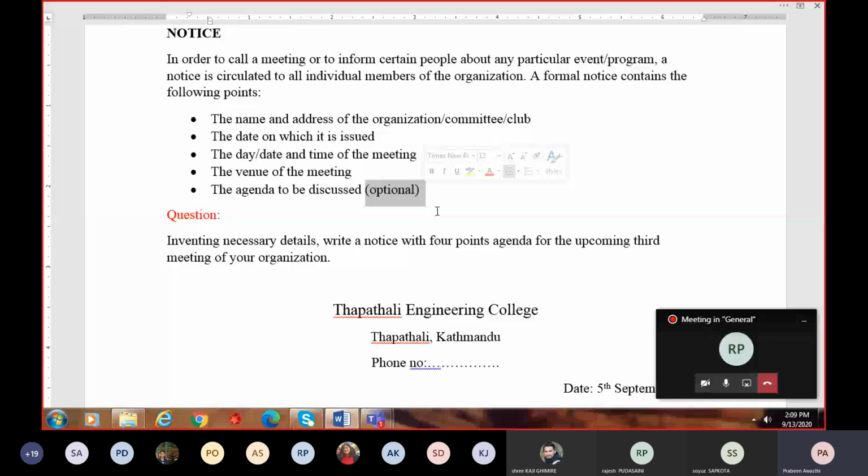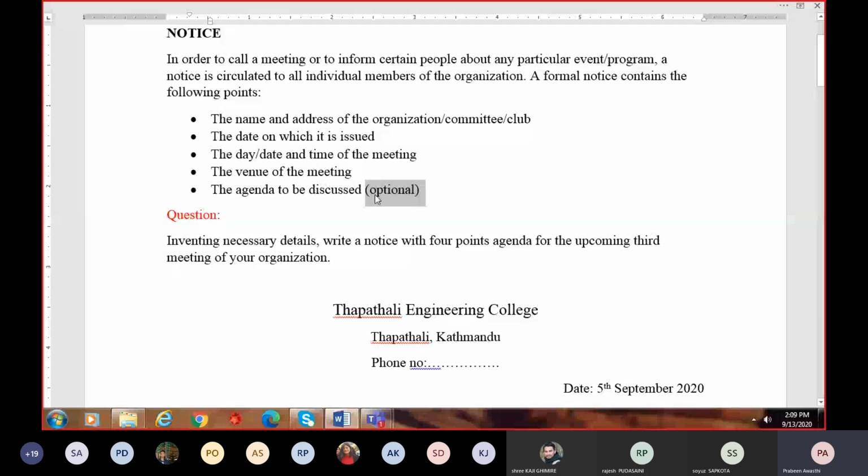Even sometimes, if you just want to notify students about the internal examination, for example, if your college writes a notice and wants to inform students about their internal exam, there will not be an agenda. What will be written? Thapathali Engineering College is going to conduct its internal examination from this date. So all the students are requested to make preparation accordingly.